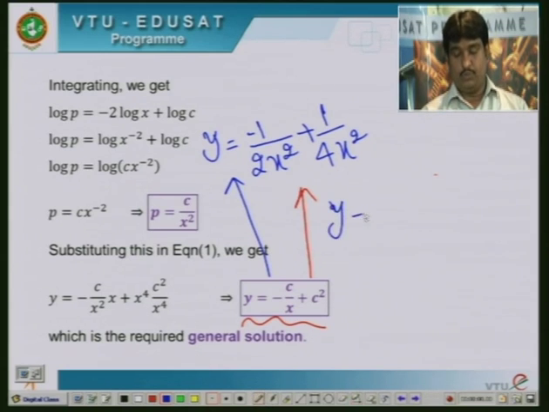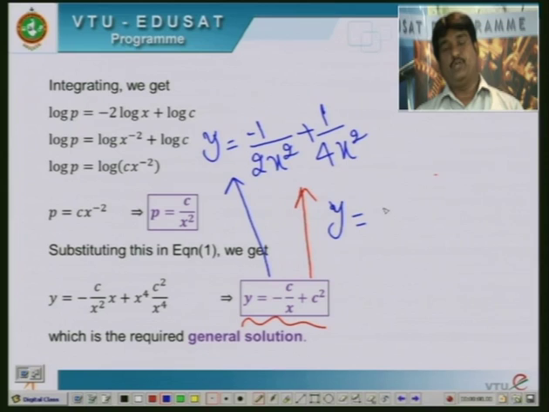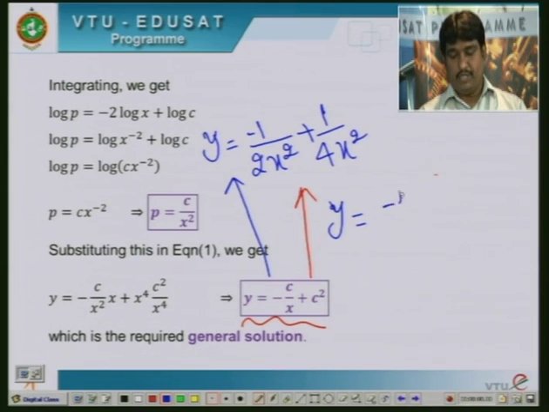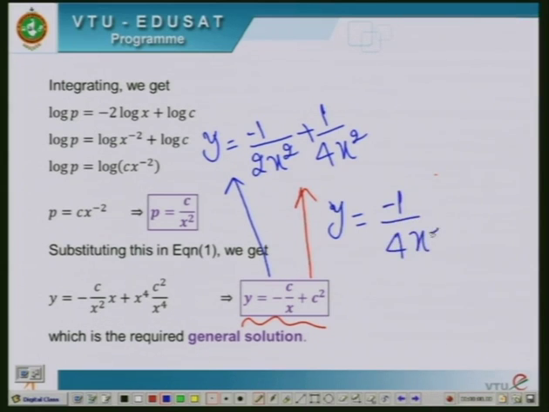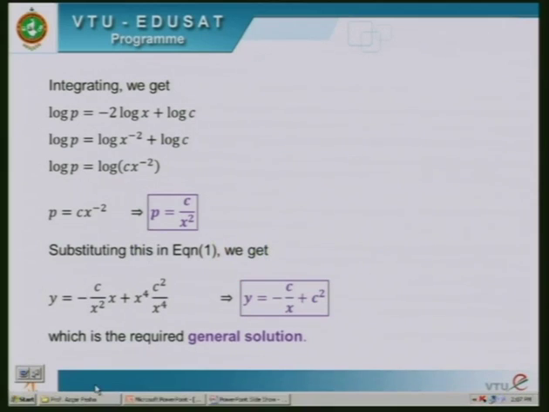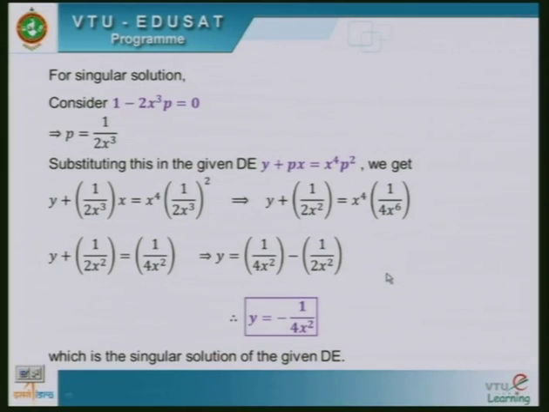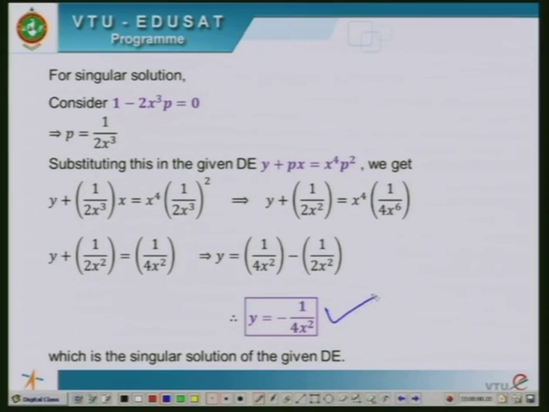Y equals minus 1 by 2 plus 1 by 4. You simplify this, you will get minus 1 by 4x square as the solution, which is the singular solution of this differential equation. You can see that this is true even in this case. Y equals minus 1 by 4x square.